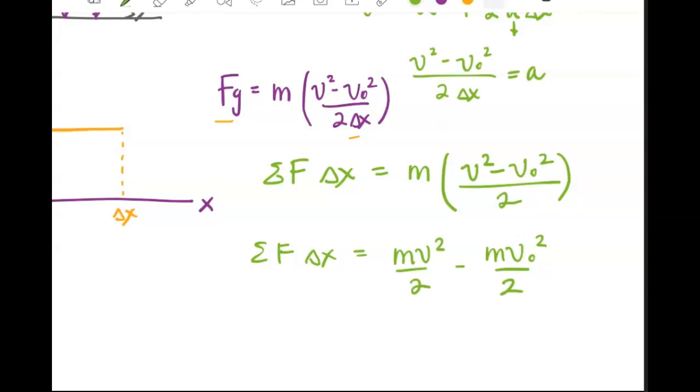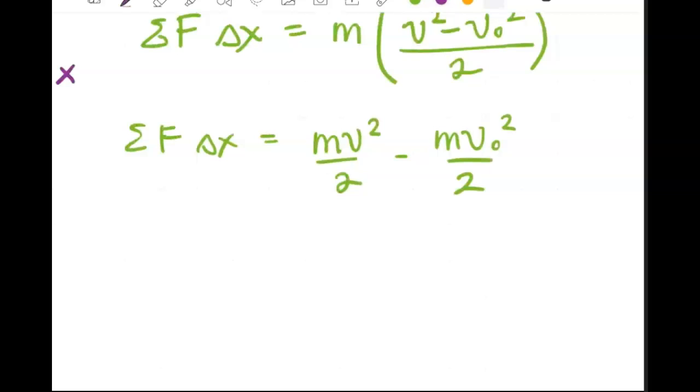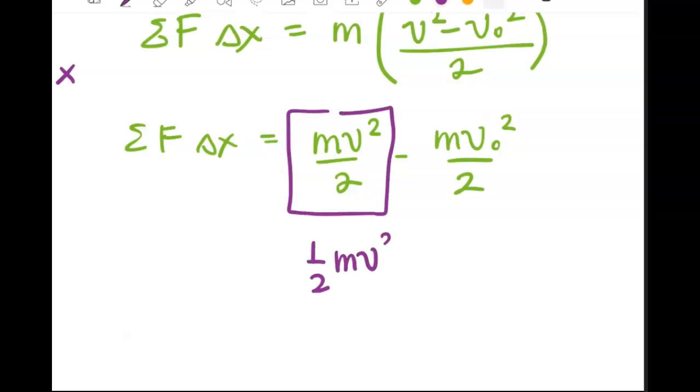So you may be familiar, probably, if you've had physics before or physical science, that this term right here looks like 1/2 mv squared, which we define as being the kinetic energy.